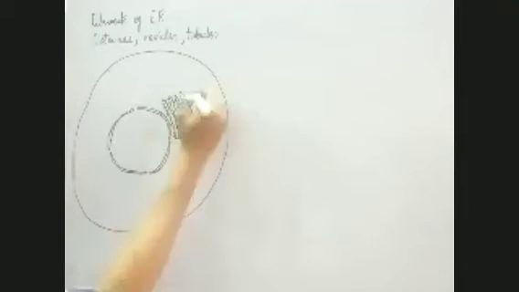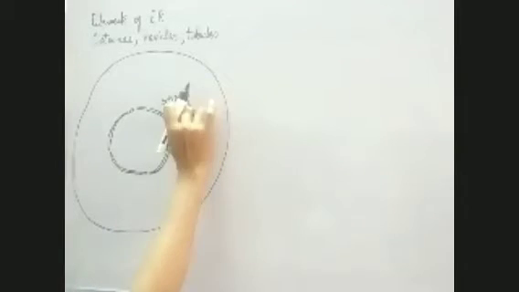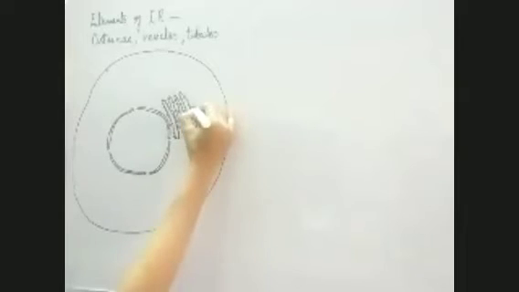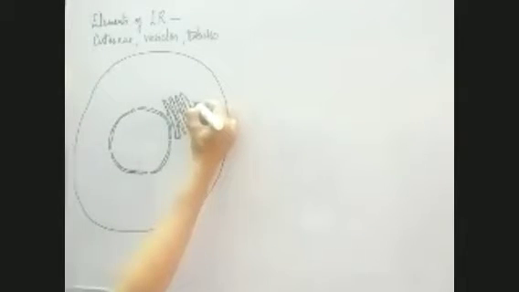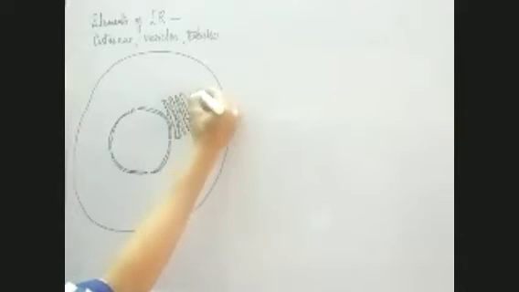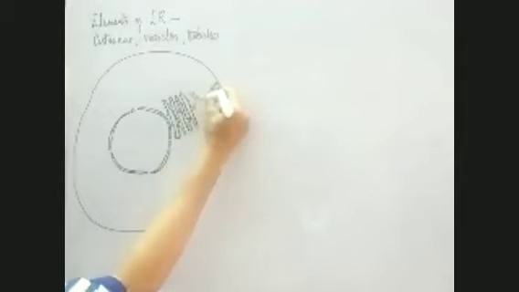These are further attached to another structure which are tubules. So tubules, as I told you, the lumen is broader and these are branched also. So we can make it like this.